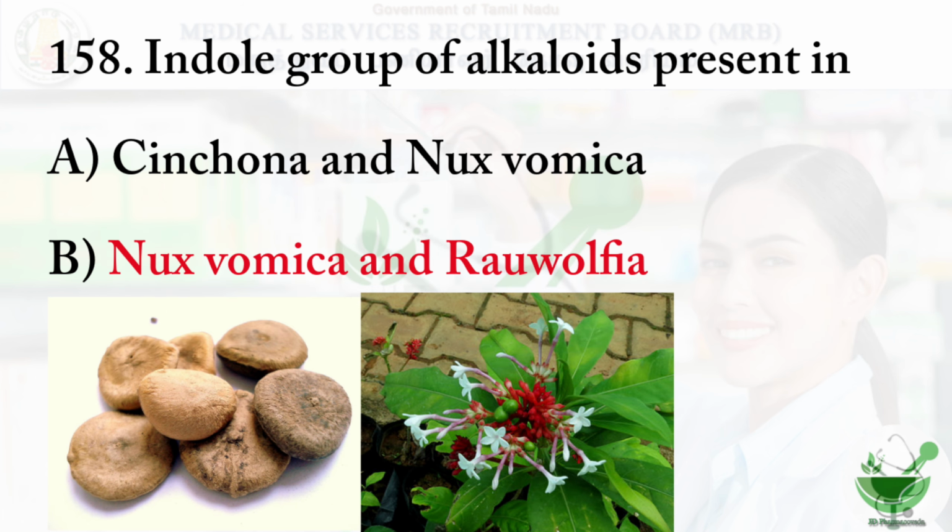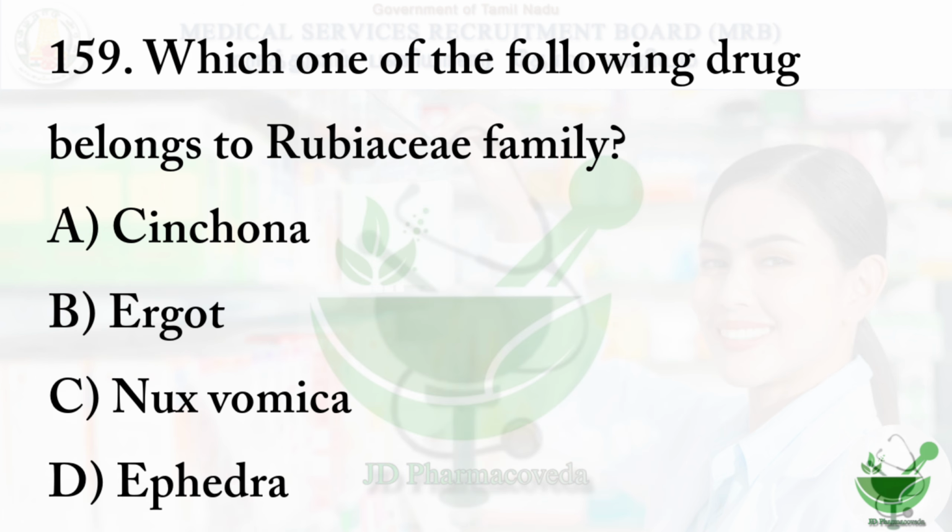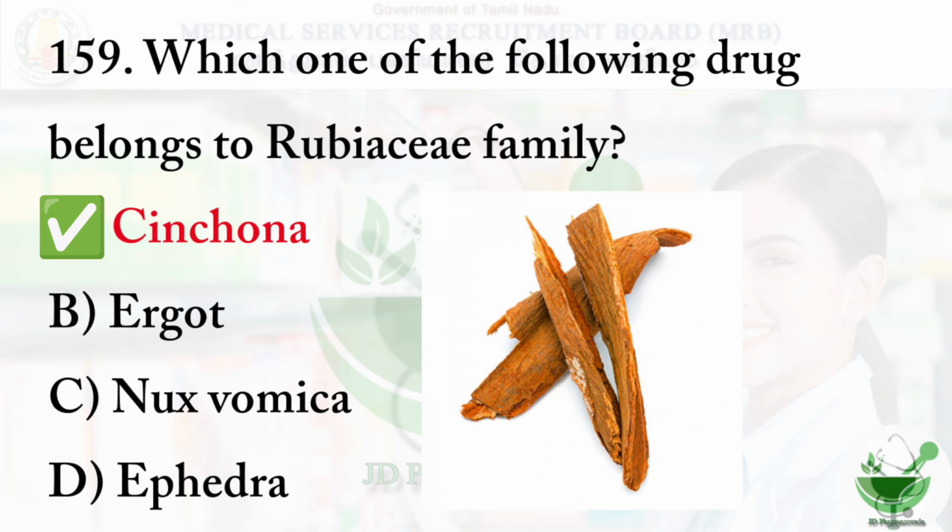Then question number 159. Which one of the following drugs belongs to the Rubiaceae family? Option A, cinchona; option B, ergot; option C, nux vomica; and option D, ephedra. So the right option is option A, cinchona. The other options like ergot, it is obtained from a fungus, and the fungus is grown on a rye plant.